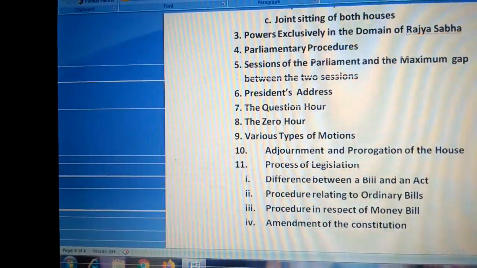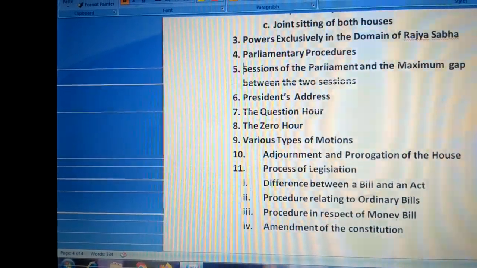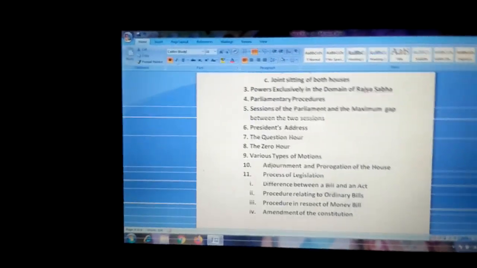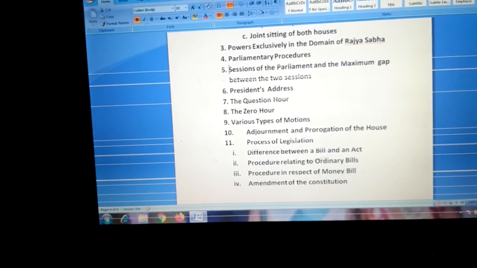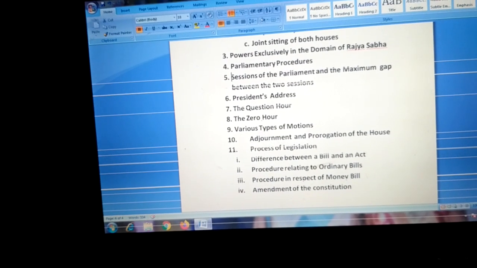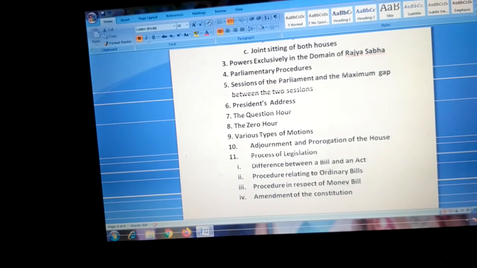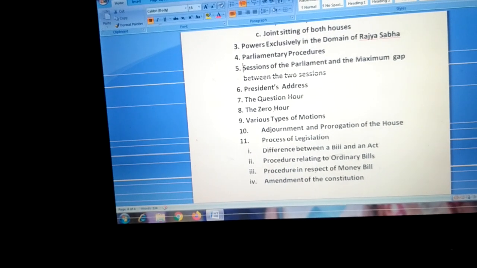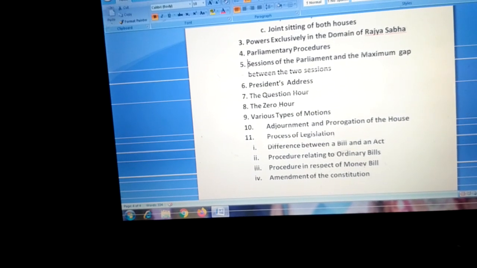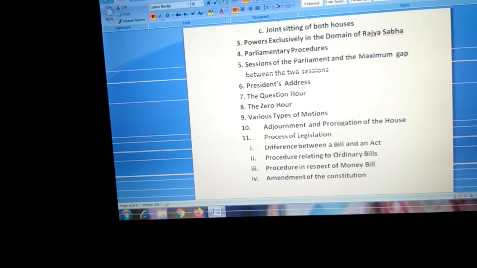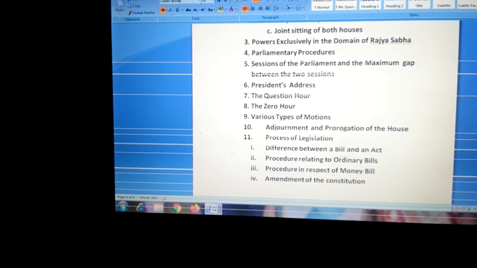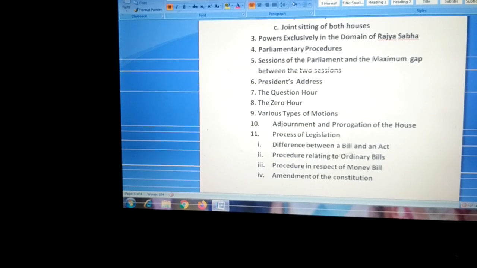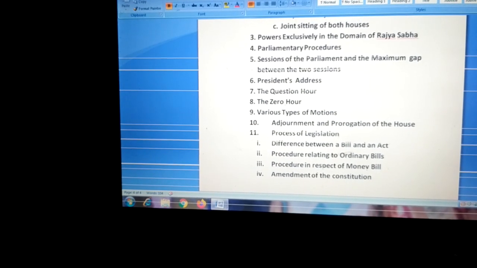Then question hour. What is question hour and interpellation? We know that the first hour of the sitting in both houses is allotted for asking and answering of questions. We already know that. And therefore, it is called the question hour. And the purpose of the question is to obtain information on a matter of public importance.